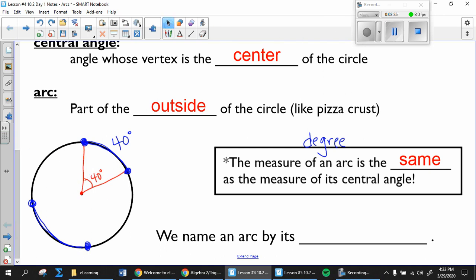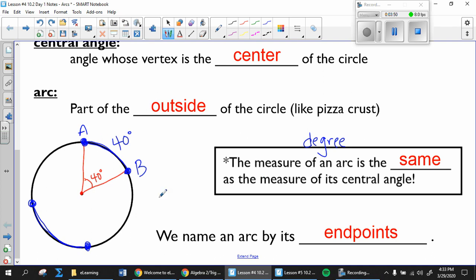The way that we name an arc is by its endpoints. If this blue arc has an endpoint A and an endpoint B, we would name it AB, and then we put a little arc over the top. That would label arc AB, which is this one right here.